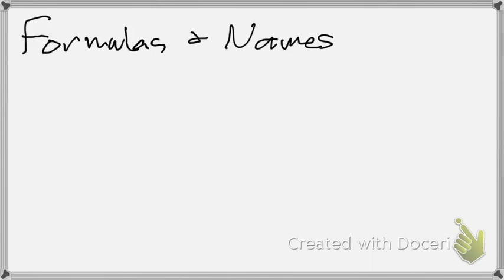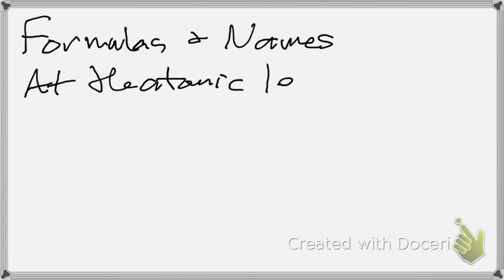One interesting point here, however, is that to really name and understand formulas, you have to understand the answer to the following question. At the atomic level, so in other words, you shrink down like Ant-Man into the quantum realm.